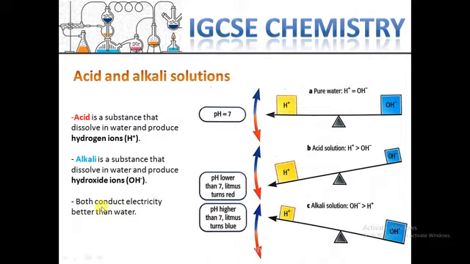Both acid and alkali are electricity conductors, better than water. What is the reason? The reason is that in either acid or alkali we have ions. In any solution we have ions, positive or negative, no different. If we have ions, ions can conduct electricity.